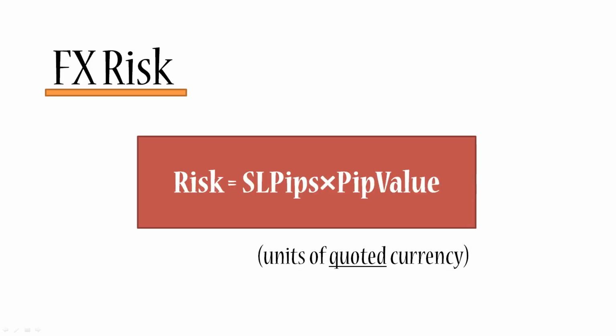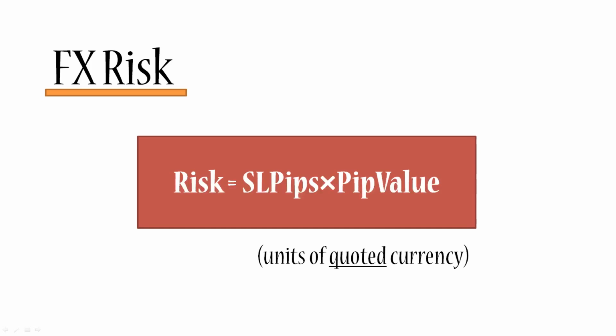So the risk, which is on the left, or the amount of money that we can lose in one transaction on the Forex market, is equal to the stop loss measured in pips, so for example 50 pips, times the pip value, so the amount of money you lose per every pip. So for example, like in our previous case, $10 per pip.